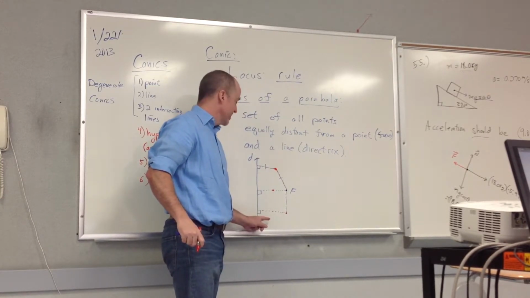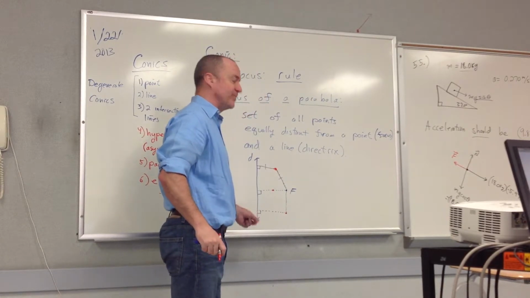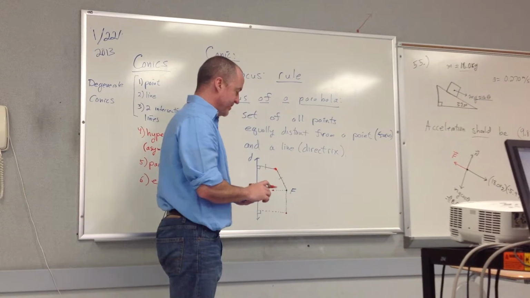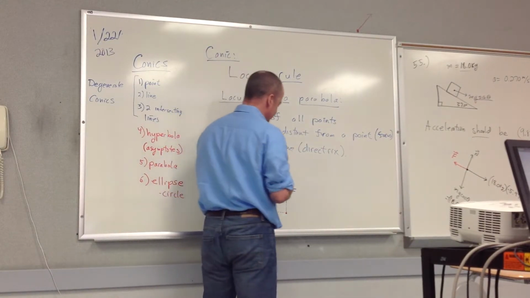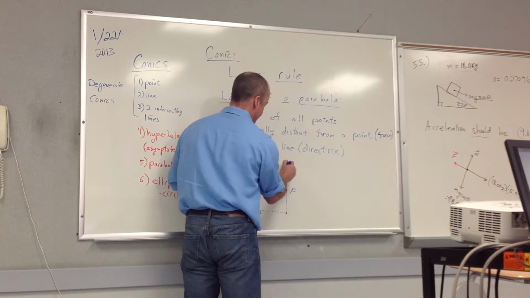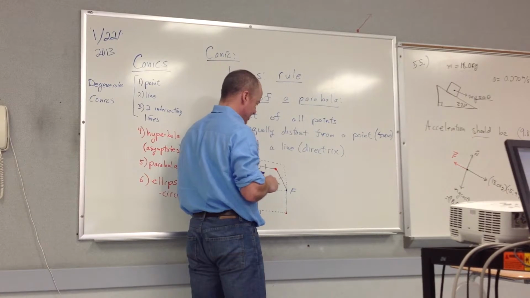That'll create a square. It's not a very well drawn square. And I can do that in both directions. I can walk up here until I'm the same distance from both the focus and the directrix.